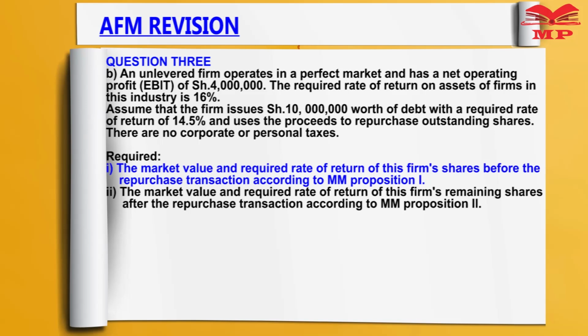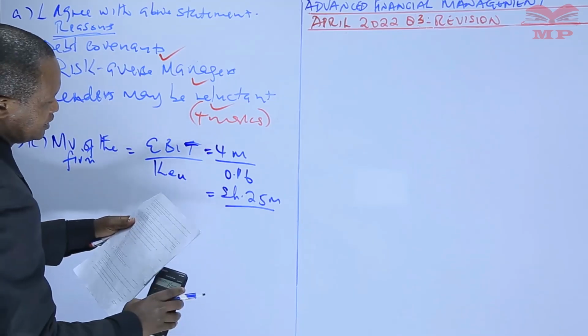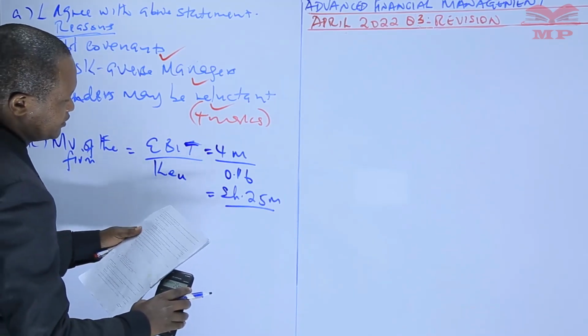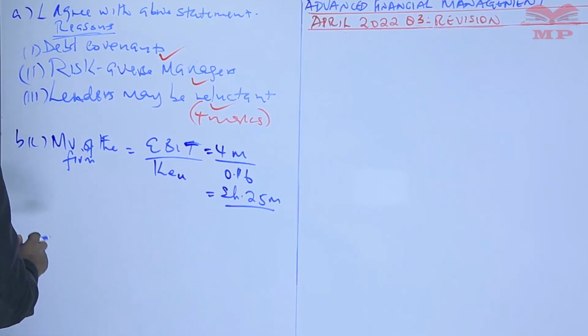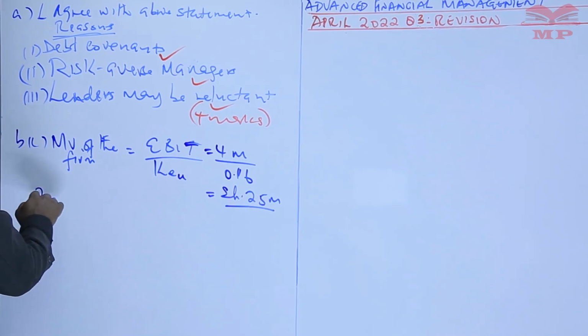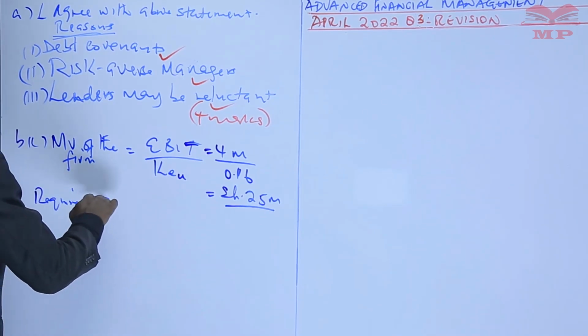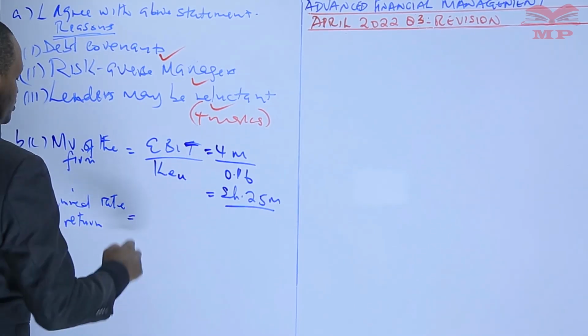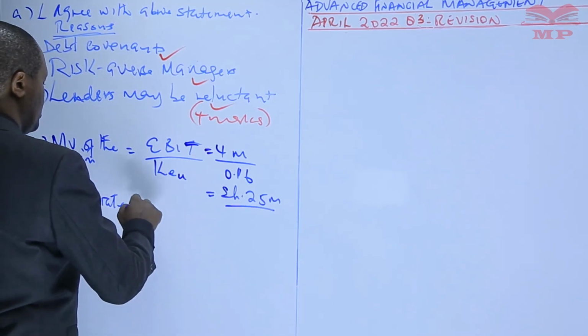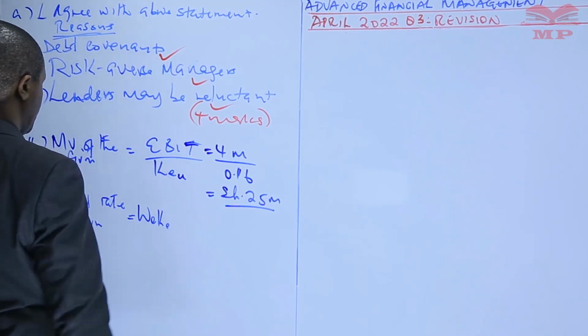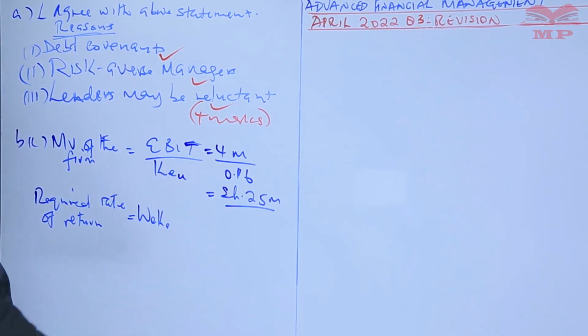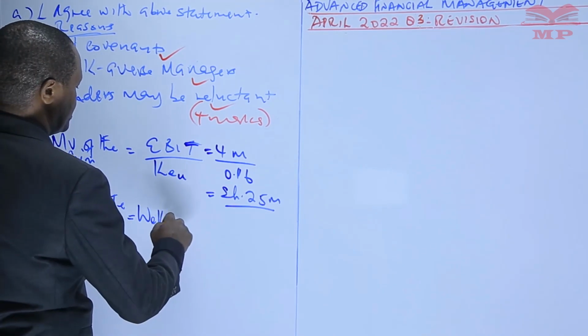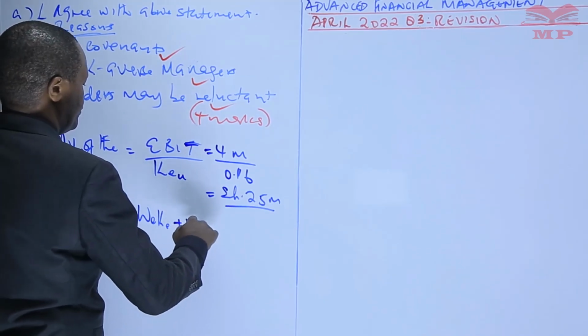The required rate of return is equal to W, the weight of KE, plus the weight of KD.